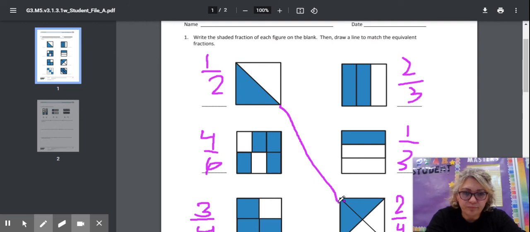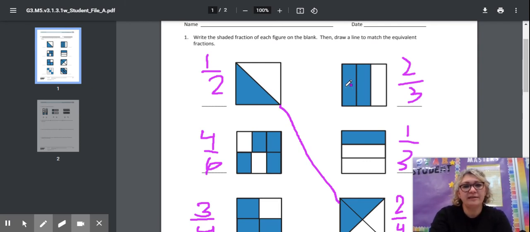Now, let's look at 2/3 and 4/6. Now, if this was moved over, would that take up the same amount as this? Yes, they're just separated, but the pieces are still the same.